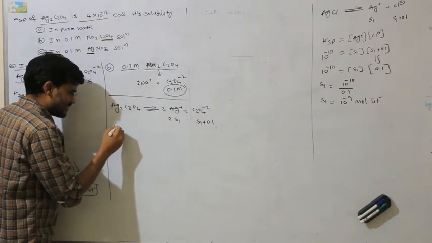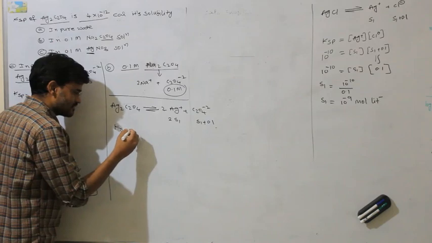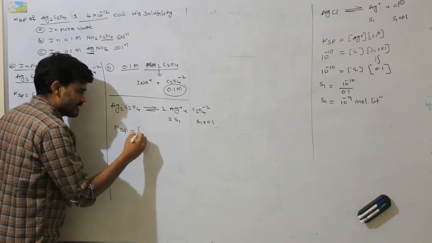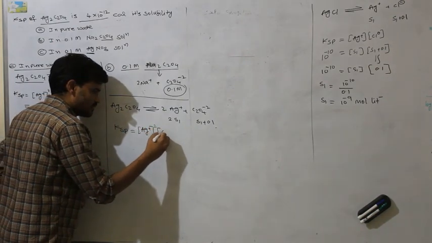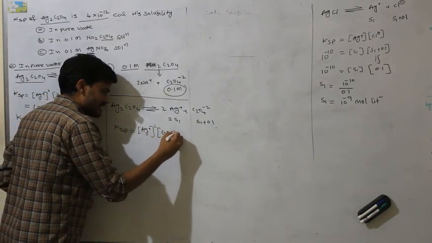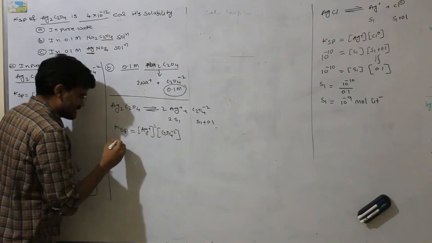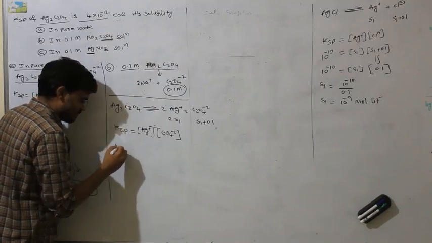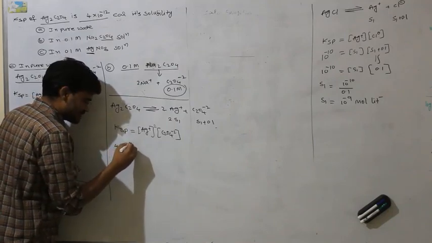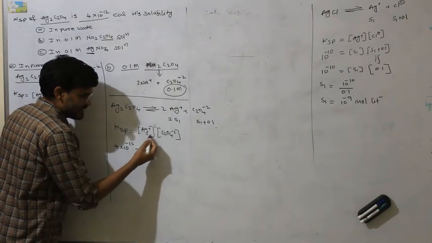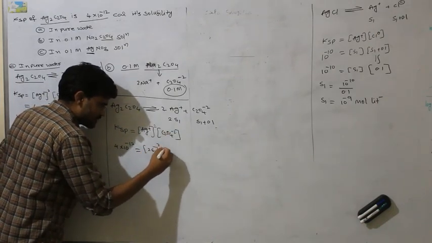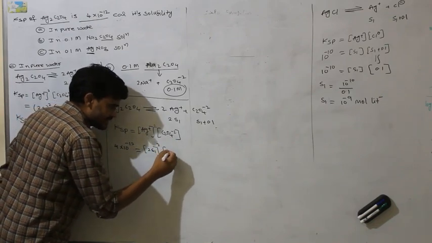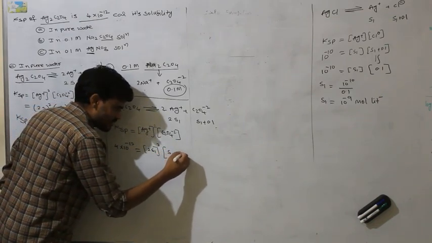So what does the Ksp expression become for the silver oxalate solution? Ksp is equal to concentration of Ag plus power 2 into concentration of oxalate. Ksp value already we know, that is 4 into 10 power minus 12, is equal to Ag plus concentration 2S1 power 2 into oxalate S1 plus 0.1.